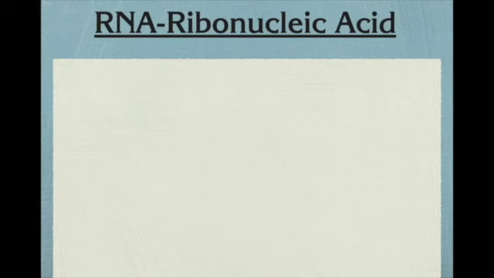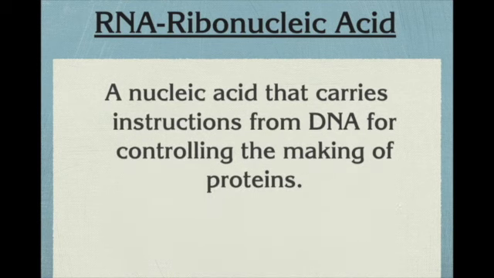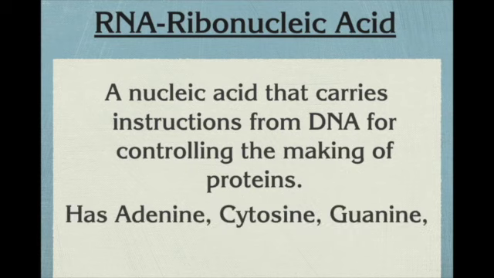Now let's look at RNA. RNA is ribonucleic acid. Remember, DNA, deoxy, had less oxygen than ribonucleic acid. So what is RNA? RNA is a nucleic acid just like DNA, but it actually copies the information from the DNA and makes proteins. There are 3 types of RNA we're going to talk about. RNA has base pairs just like DNA, but one of the base pairs is different.